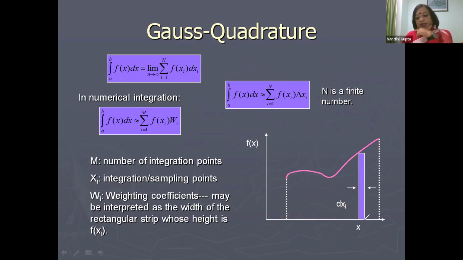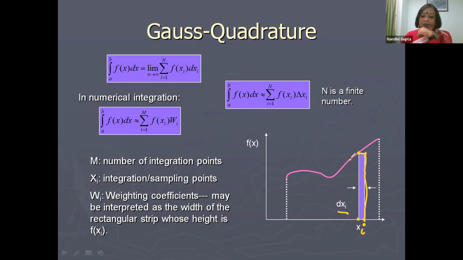So what I do is, at any point xi, I take a rectangle which has width dxi, and then if I multiply f at xi, so let's say this is xi, f at xi, I take the value and multiply that value by dxi, I will get the area of this rectangle.